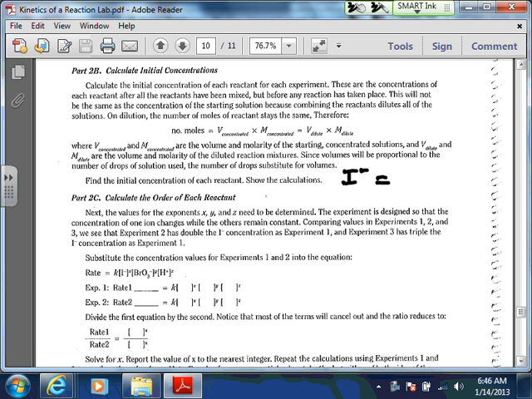You would say, okay, there are 2 drops of the iodine, right? So your initial concentration here for the I minus, you'd have to go up to your KI. And the initial concentration we use for the KI, according to the lab, let me tell you what page you would find that on, just so you can see what I'm looking at here.